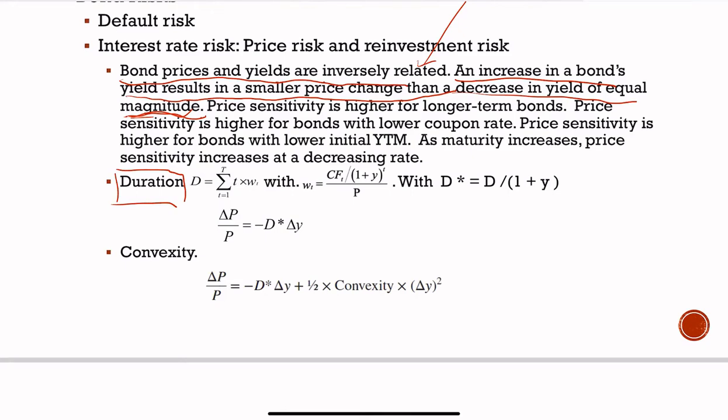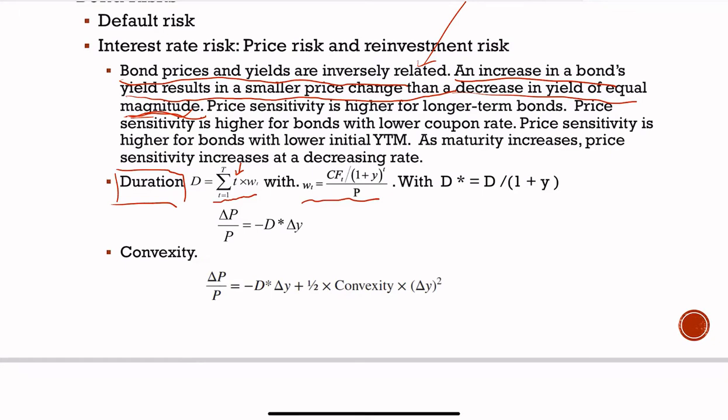And you can see that, as I said, it's a weighted average. And these T's basically refer to the time you get your coupon payments and your final par value. And then the weight is given by the present value of the cash flow at time T divided by the bond price.